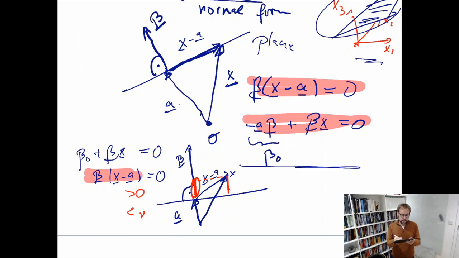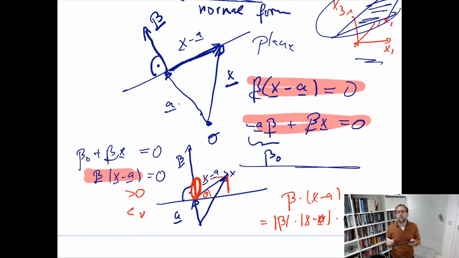Because beta times x minus a is nothing else than the length of beta times the length of x minus a times the cosine of the angle between the two.